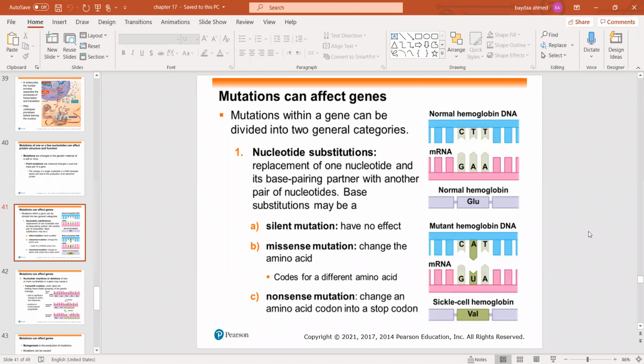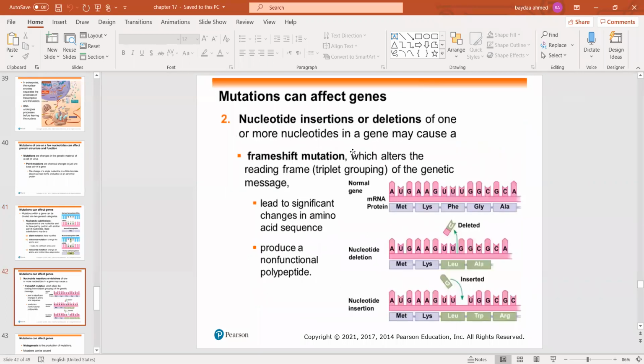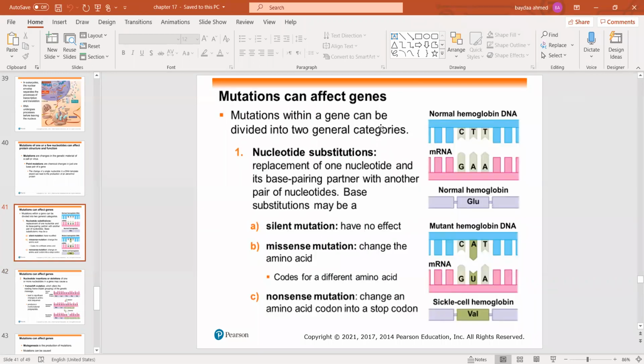Small-scale mutations within a gene can be divided into two general categories: single nucleotide pair substitutions, and nucleotide pair insertion or deletion. A nucleotide pair substitution is the replacement of one nucleotide and its partner with another pair of nucleotides.